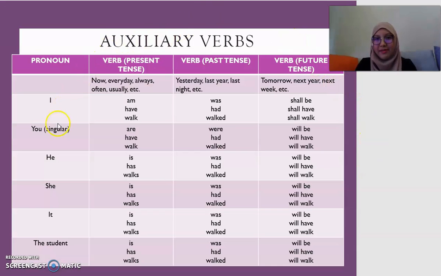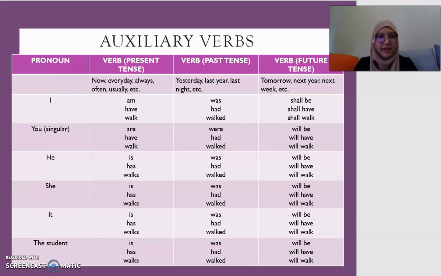This is a chart I made to simplify the types of auxiliary verbs and match them to the pronoun. A pronoun is when you change a noun into something that you can call, such as I, you, he, she, it, and the student.